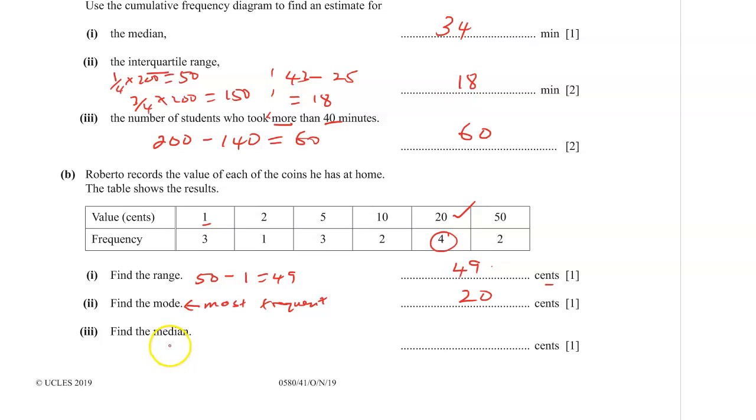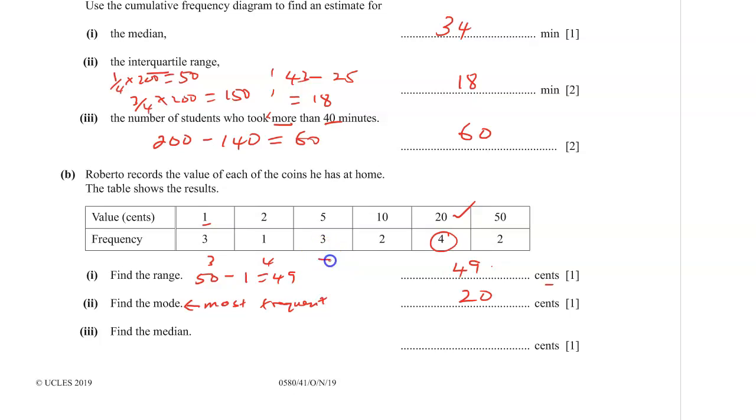Find the median. Median is 50 to 1 to 50. So this is 3. This is 4.